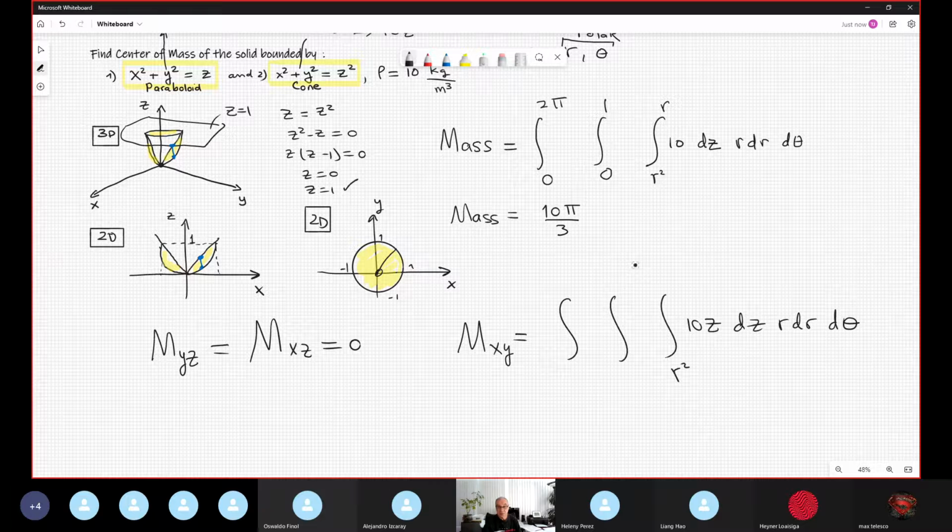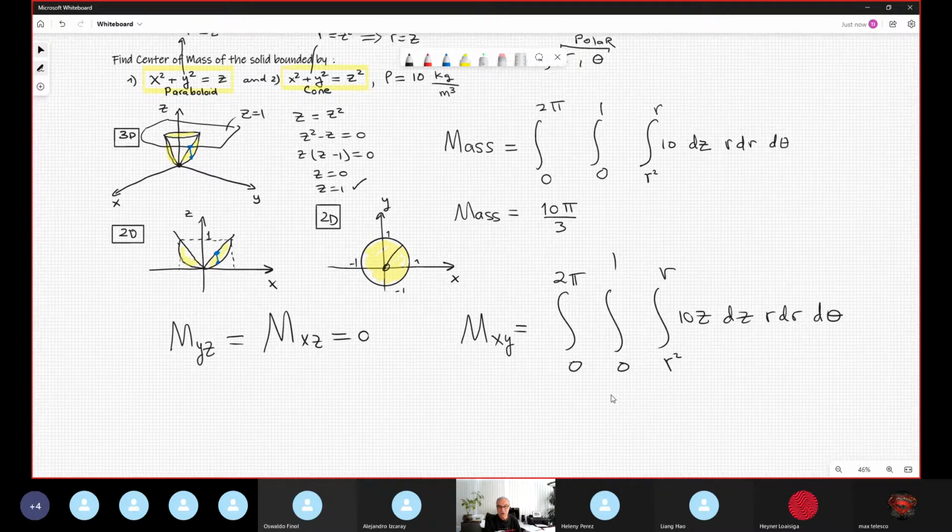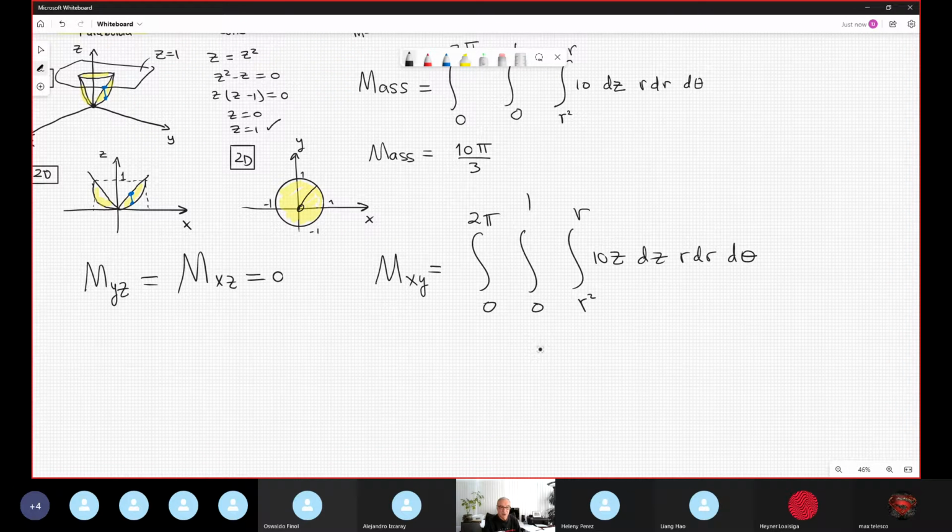R squared to R, 0 to 1, 0 to 2 pi. It's similar, but now includes Z in the first stage of the integration. And the answer is 4 pi over 3.